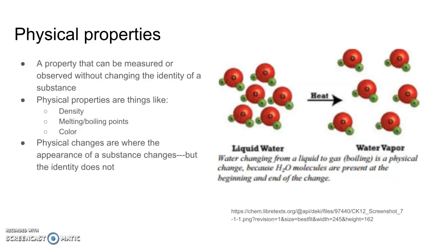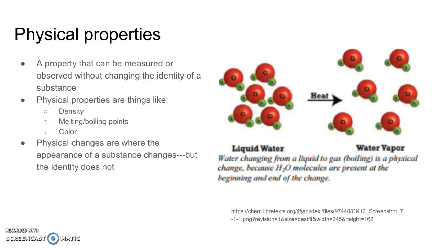You might be changing something else, like the appearance. If you're doing melting, you're going from solid to a liquid, boiling, liquid to a gas. And remember, that's just the temperature at which you're melting or boiling. And then color. That's also something else that you can observe without changing the identity.